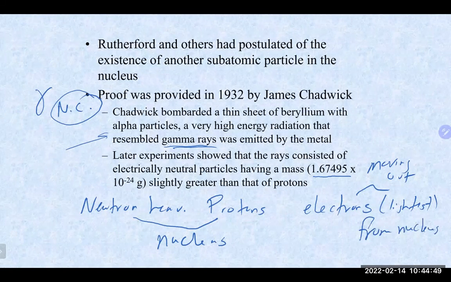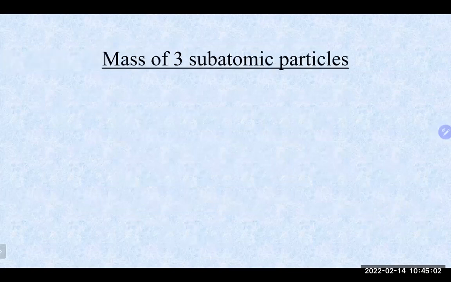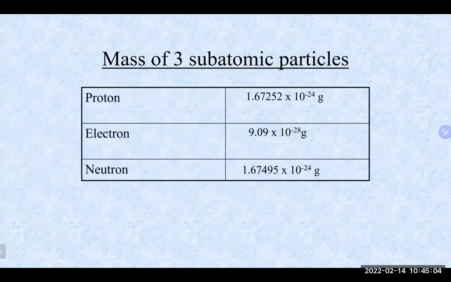Any questions on that there? All right, so neutrons were named that because they have no charge. You do need to be familiar with where we find all of these three particles in the atom, and their charges.